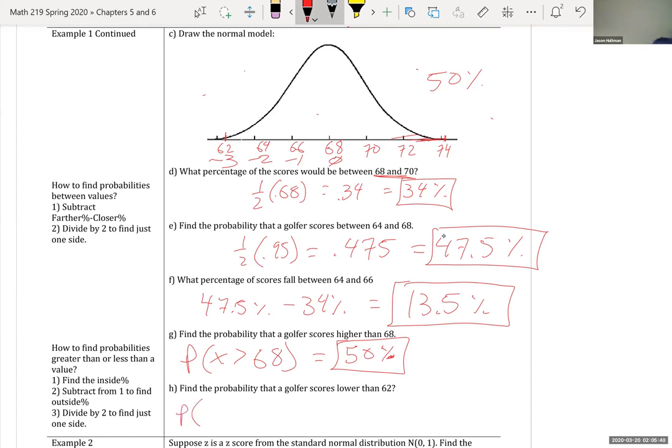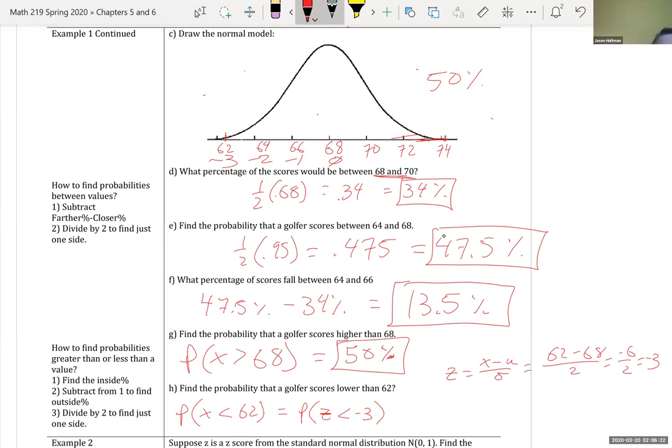The probability that x is less than 62 is equal to the probability that z is less than -3. Why z? Because I changed it to a z-score. We do that with our z calculation: z is equal to x minus mu over sigma. So x is 62 minus 68 all over 2. This is -6/2, which is -3. So that's a z-score of -3.